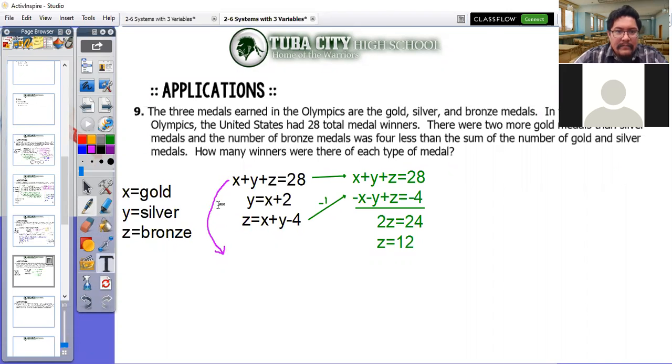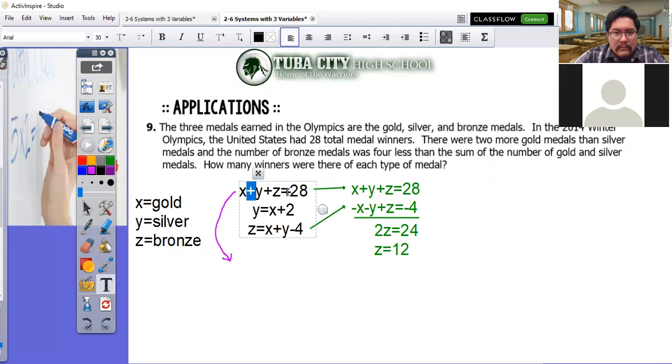So take the top one. We know z is 12. Maybe that'll help us out. We also know that y is x plus 2. So where y was, I'm going to replace it with x plus 2.